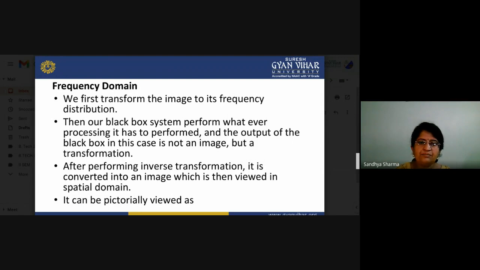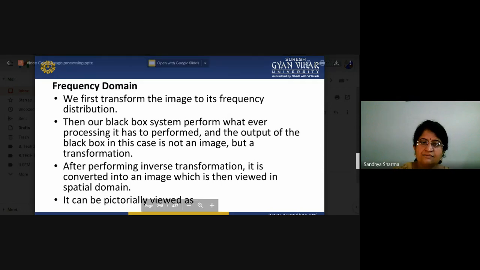So it can be pictorially viewed as follows. There are certain steps. If we are talking about the frequency domain, we are not working directly on the image. We first transfer it into the frequency distribution, then we process it, and whatever the transformation part is, we work on that, and then we do the inverse transformation. Then we convert back to our image.